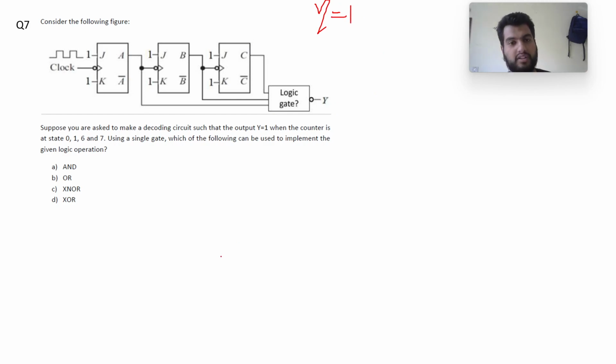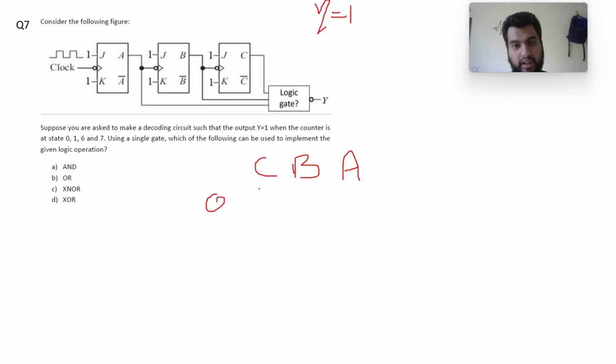So the question is asking, using a single gate, which of the following can be used to implement the given logic operation. So we need to figure out which logic gate should I put here. My output y equal to 1 whenever the counter is at state 0, 1, 6 and 7. So what we will do, we will first write the MSB C B A, and here we will write the states.